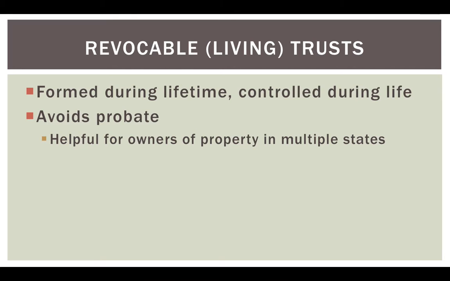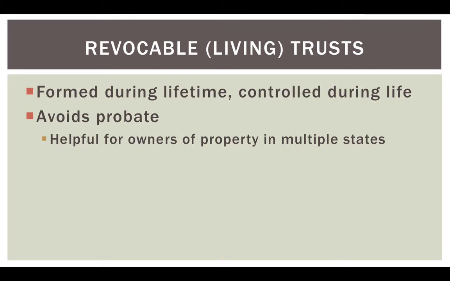So you're looking at minimum $1,000 plus attorney fees, plus the 3 to 9 month, sometimes more, delay in probate. And if you've got minor kids you want to take care of, that's not an ideal option. So these revocable living trusts help you avoid that.